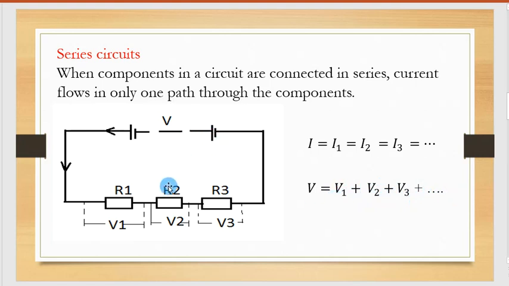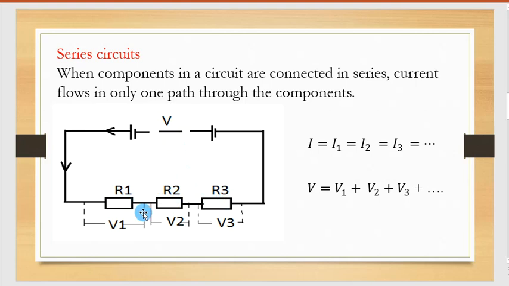In short, when components are connected in series, they share the total voltage. The total voltage of the battery V is shared among these resistors, and how they share it depends on their sizes. The resistor with the greatest resistance gets the greatest potential difference, followed by the next one in size.